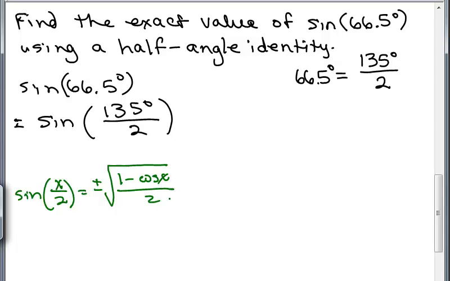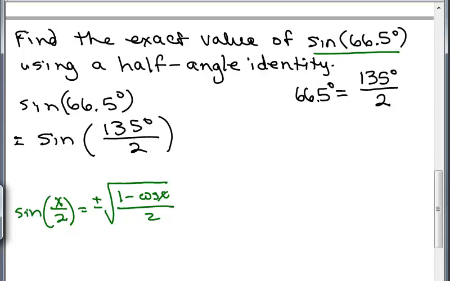Well, obviously the sign can't be both positive or negative. So now what we're going to have to do is look at the original angle up here, the sine of 66.5 degrees, and decide what quadrant 66.5 degrees is in, and then from that determine whether the sign will be positive or negative in that quadrant.